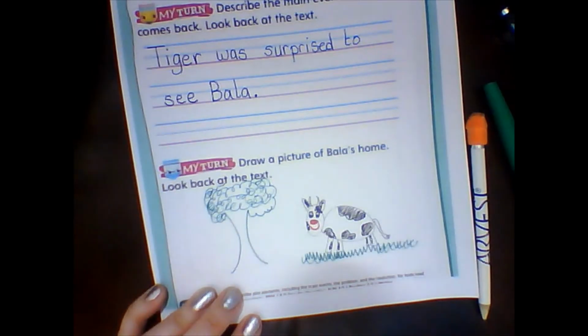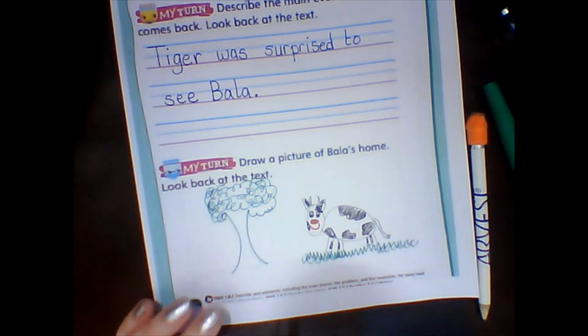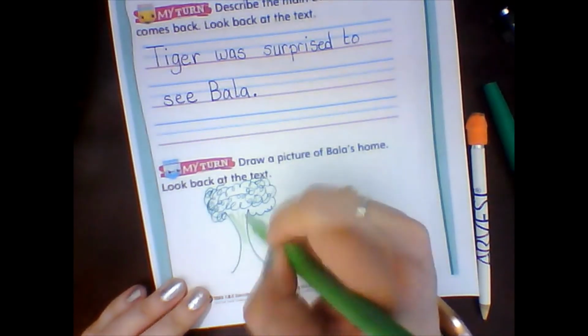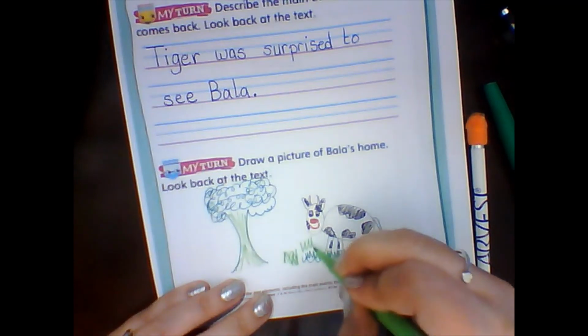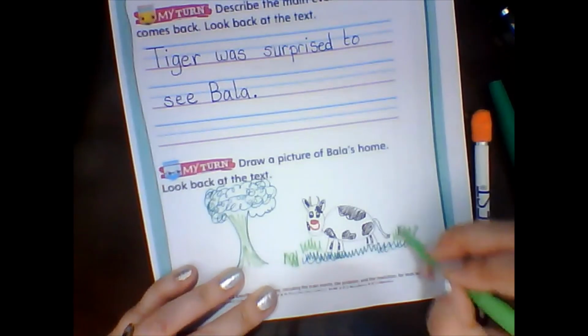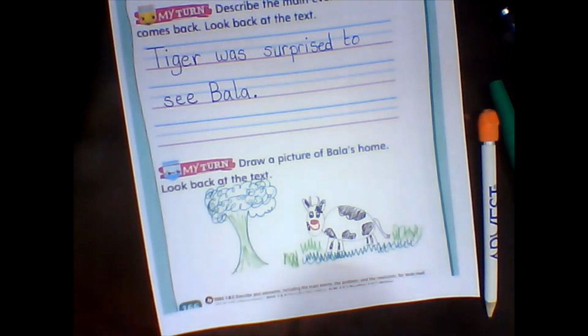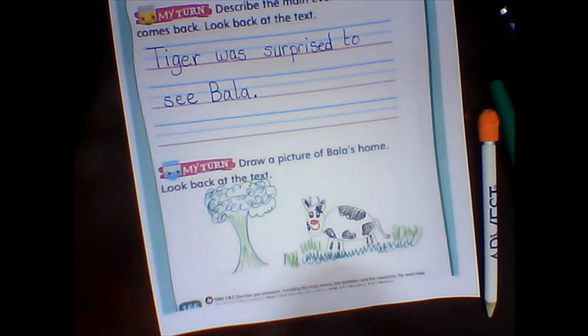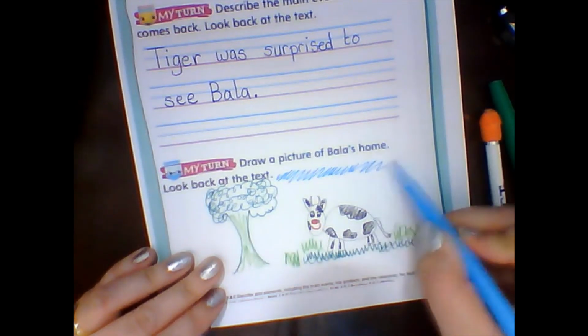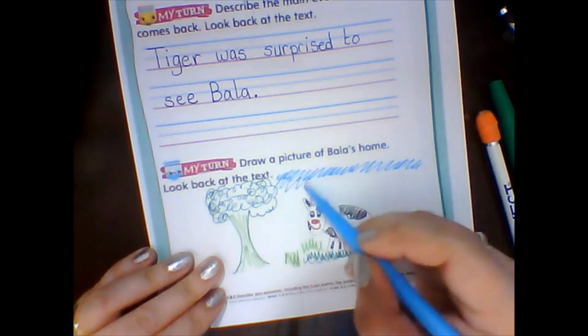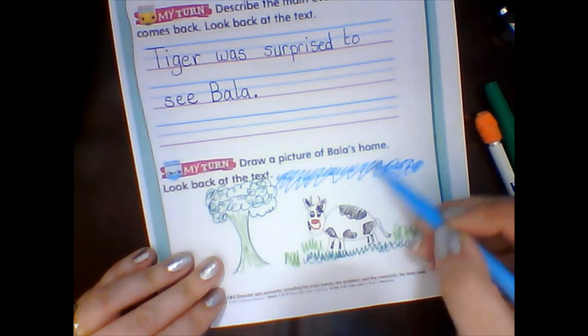Okay, so let's color in her tree area. Do a different color green. Okay, and we have different grass. And we have blue sky. There we go.